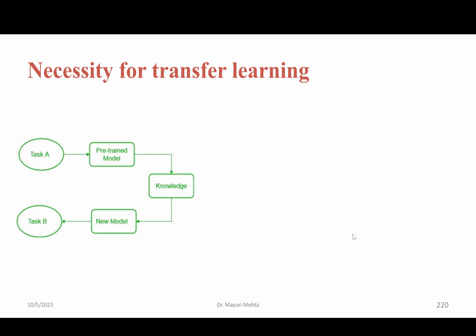It is a data set that includes 1.2 million images with several objects. So the block diagram shows that a pre-trained model is trained for task A, the knowledge is retained, and for task B, a new model is created using that knowledge. Fine.